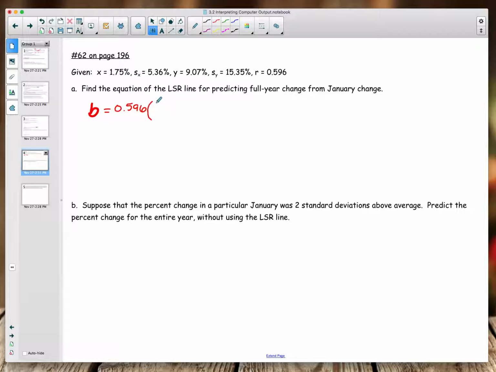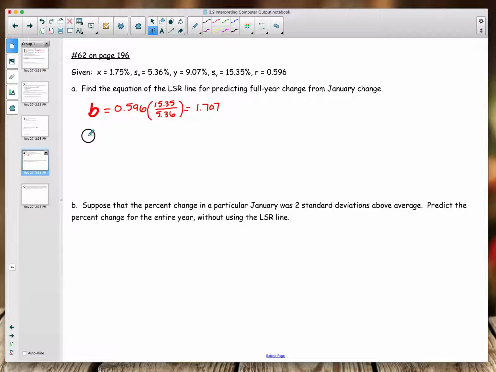So we're going to have 15.35, and in this case you don't have to change the percent, you don't have to move your decimal, you can just leave it like that. And the standard deviation of x, so 5.36. Okay, so we'll calculate that. Once you calculate that, you get 1.707.